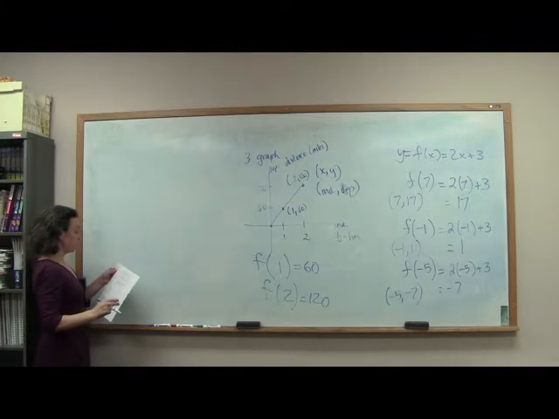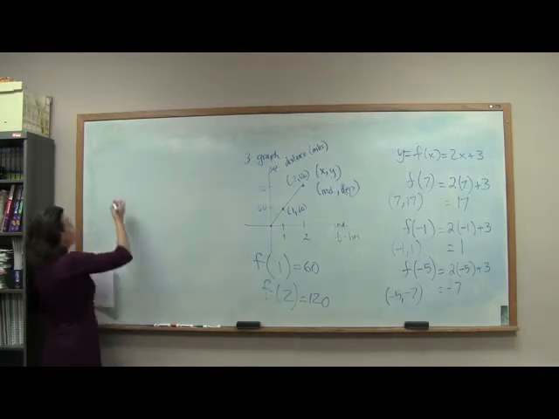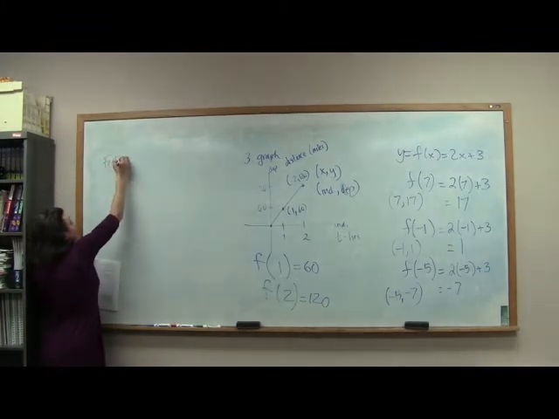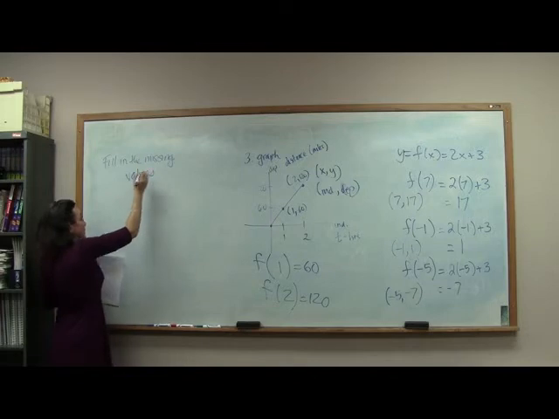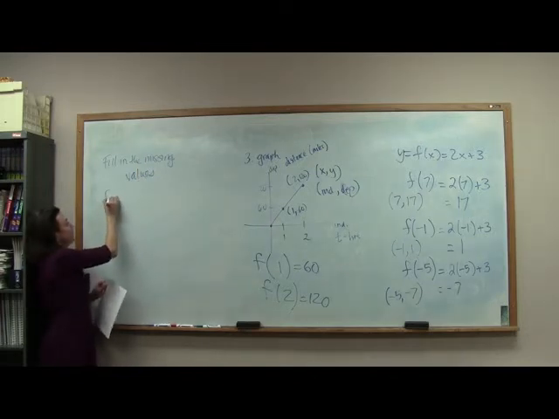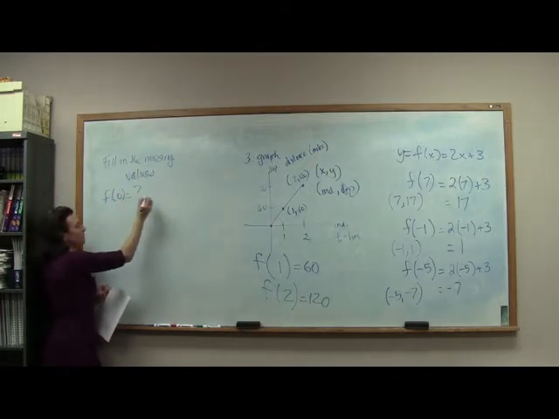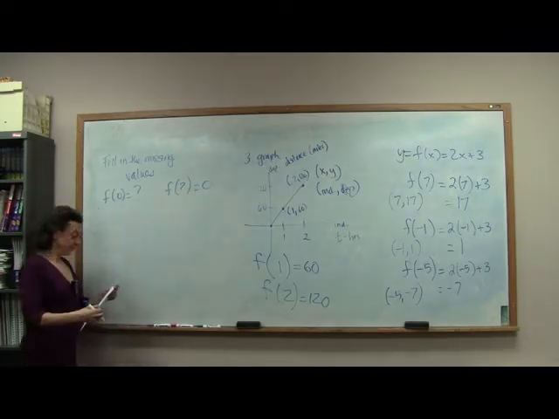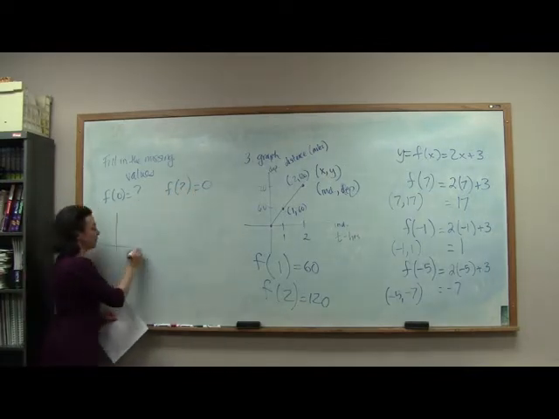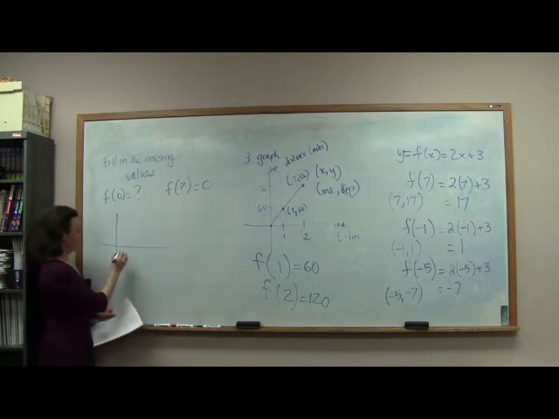So the first example that I would like us to do is to fill in the missing values. Specifically, I'm going to say f of 0 is what, and f of what is 0. And now I'll give you the graph so we can answer that question.